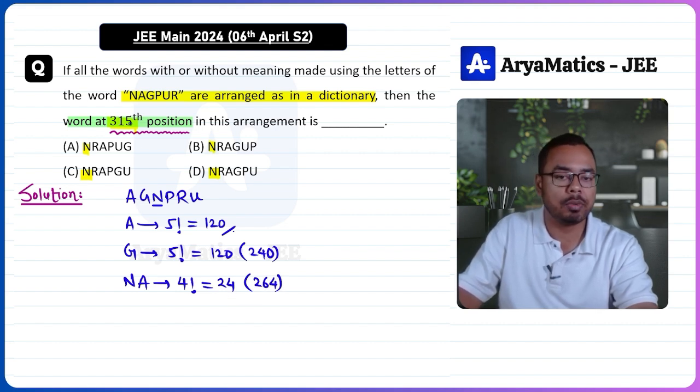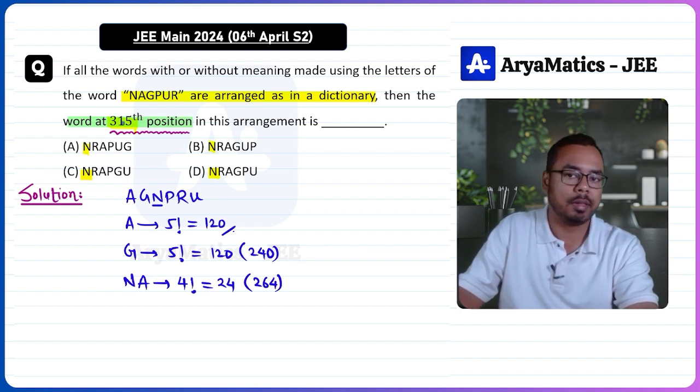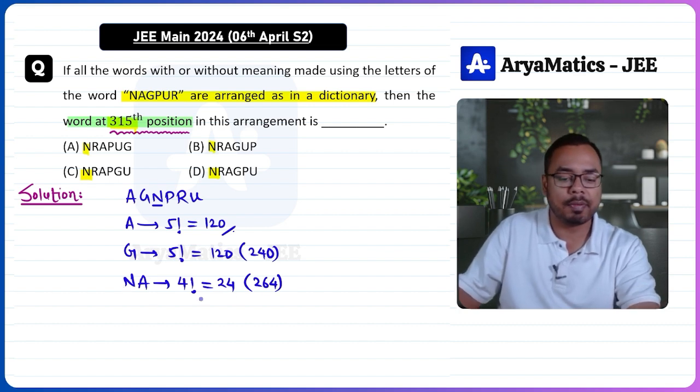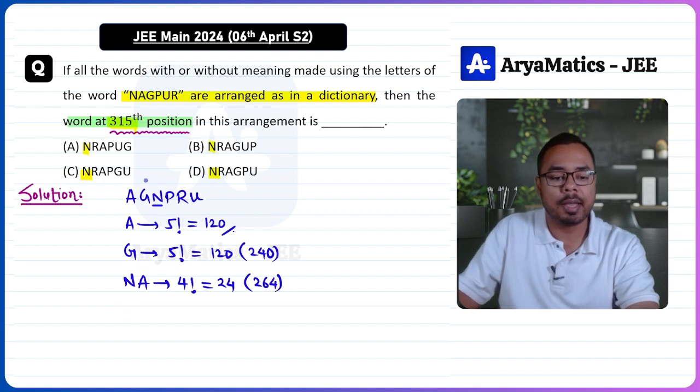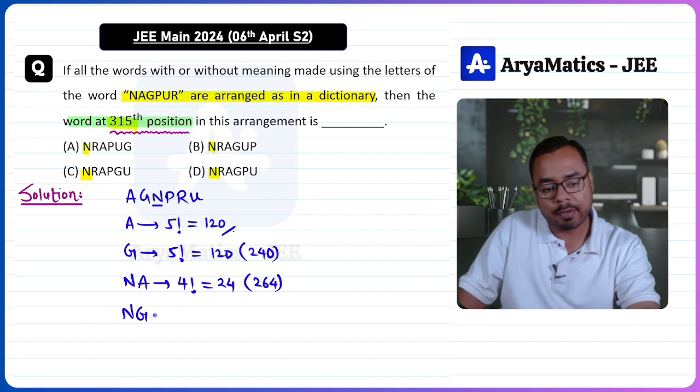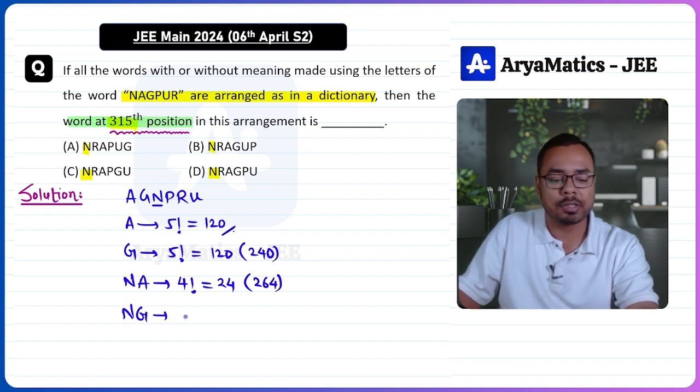Our aim is first to get close to this number 315, and then we'll see how to find the word on the 315th place. So with NA, another 4 factorial, that is 264 total. Now after NA, the word formation will begin with NG, right? First NA, then NG and so on.